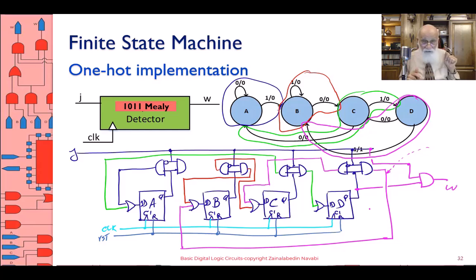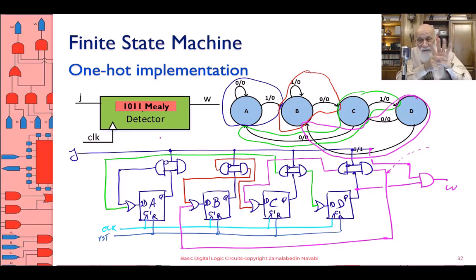All right, then the problem is what if I start the circuit and the circuit resets, and the resetting brings my circuit into 0, 0, 0, 0. If that happens, that's not any of the valid states. I only have 4 valid states out of 16 possible states, because I have 4 flip-flops.